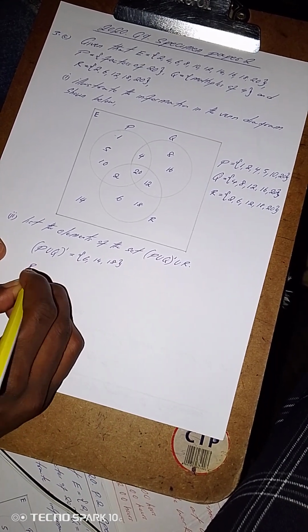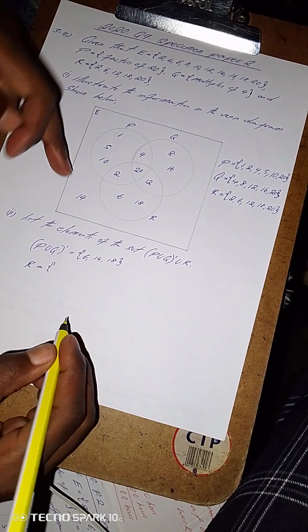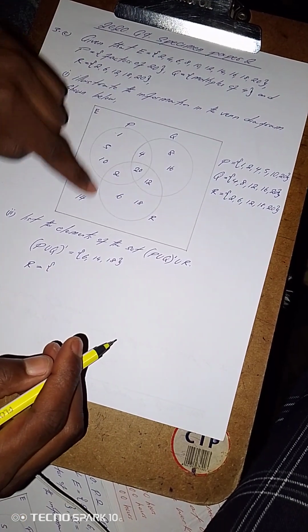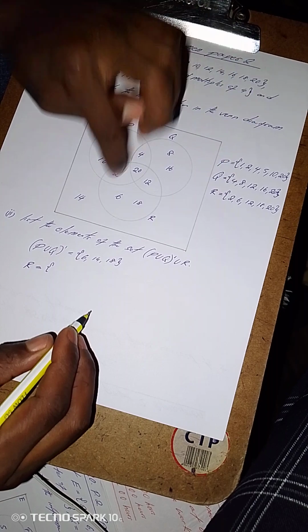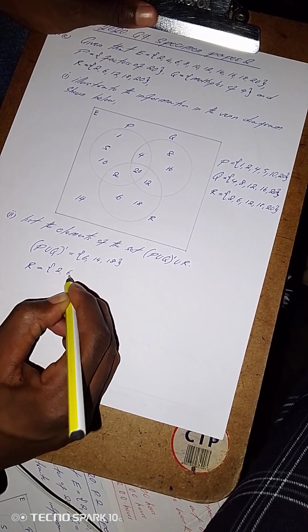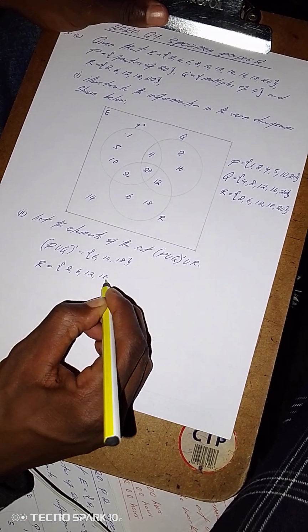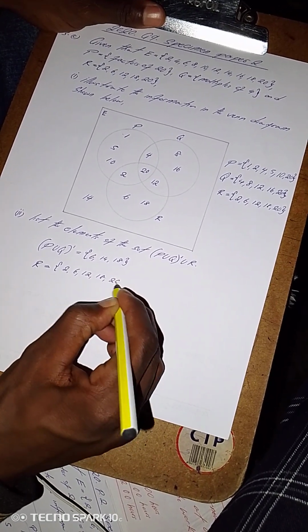We also have this data, which is R. So R, you just have to list this one. So set R, it's here, or you go here, it's one and the same. So we have 2, 6, 12, 18, 20.